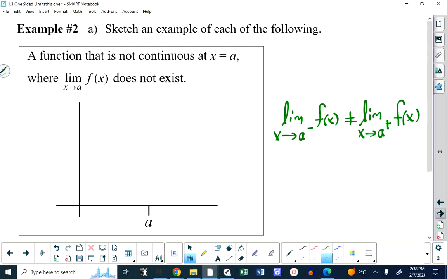That could mean a dozen different things, but at the heart of it, the reason why the limit doesn't exist is the left and right hand limits are not equal. Now, maybe neither one of those limits exist. Maybe one exists and the other doesn't. Maybe they're both there, but they have different results. An example might be this.